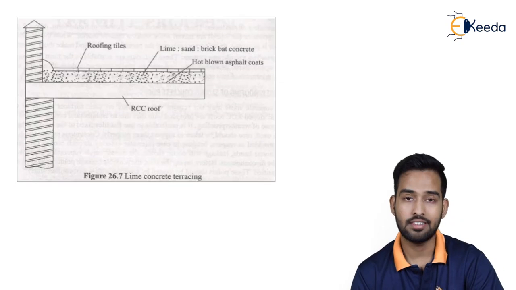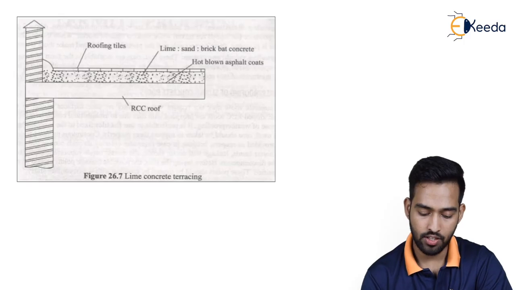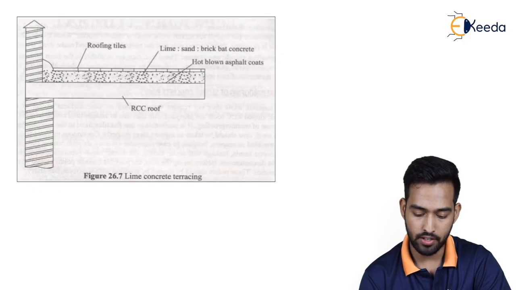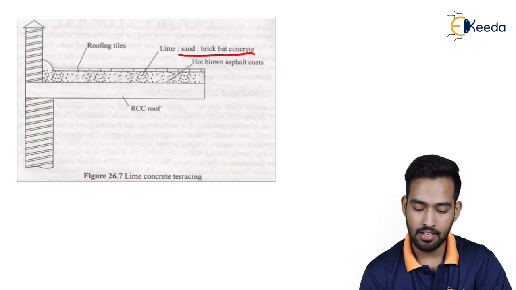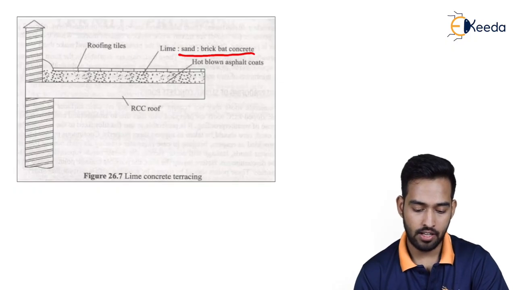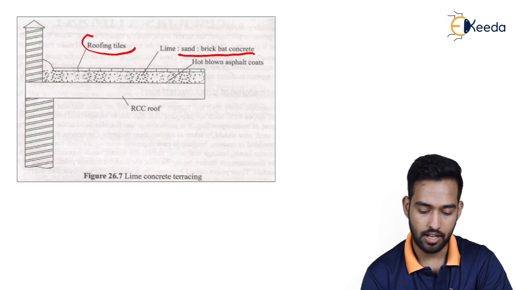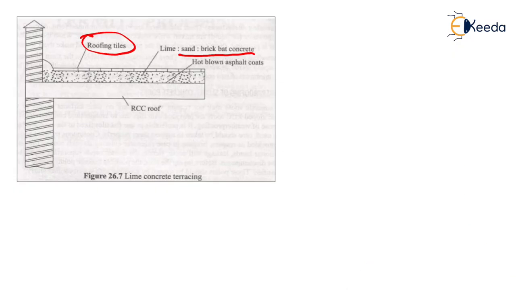As over here we can see, this is your roofing. Over the roof we have provided the hot blown asphalt coating, over which we have the sand, lime and brick bat concrete, and over which we provide the tiles; that is the roofing.